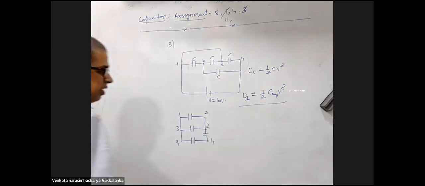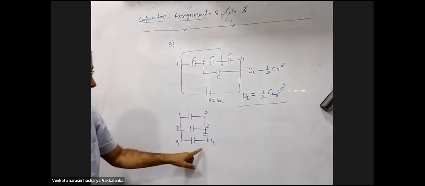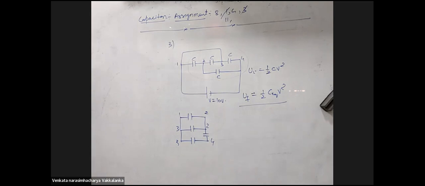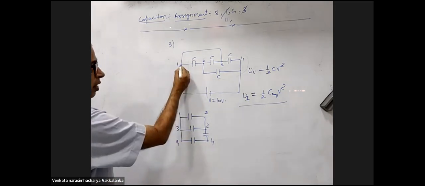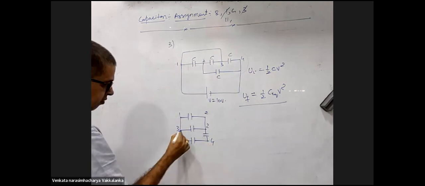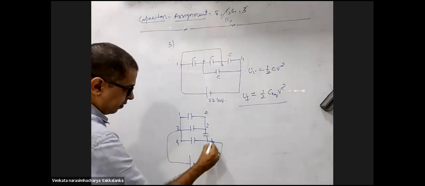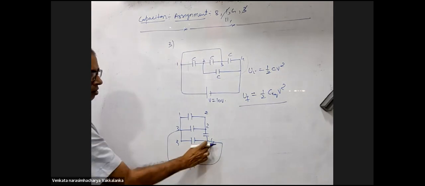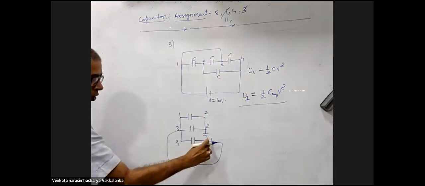There is a capacitor between 2 and 4. Now this should not be difficult, right? Between 1 and 4, you have got a battery.